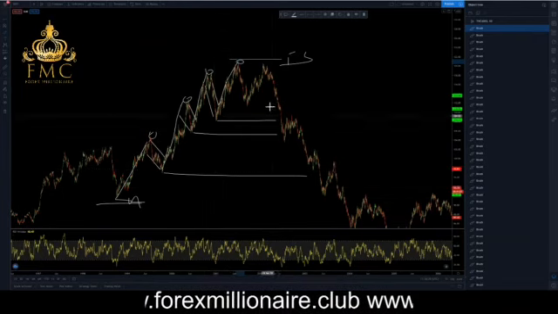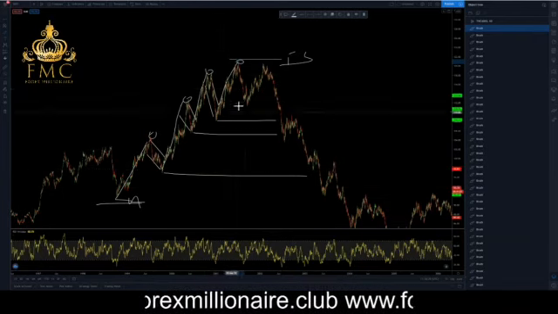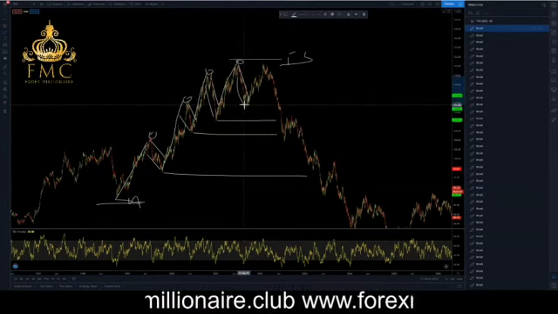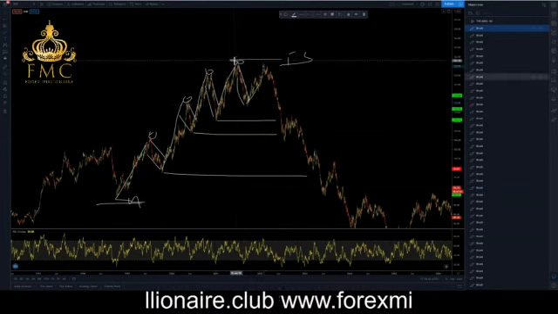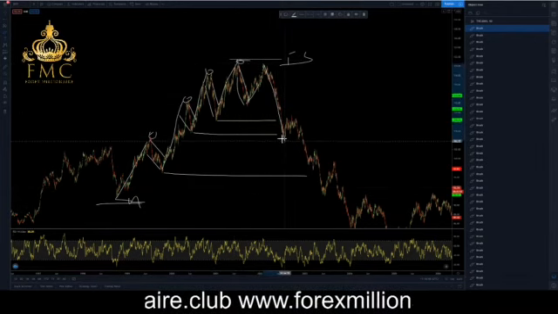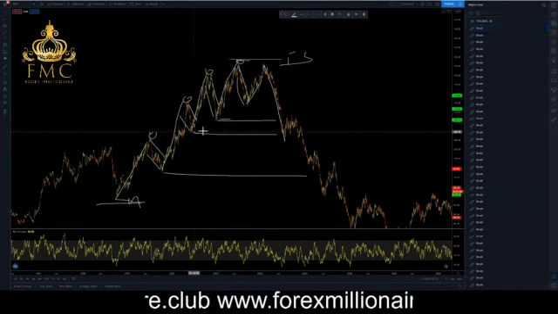What we'll be looking for now, as you can see, we got a test, a movement here. But when we pulled back, we don't have a continuation. We did not break this top here.